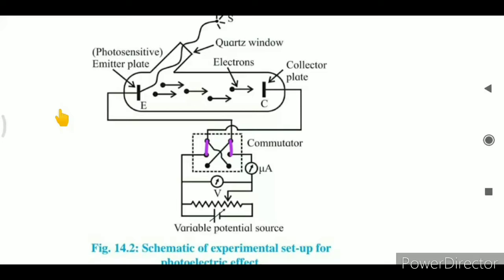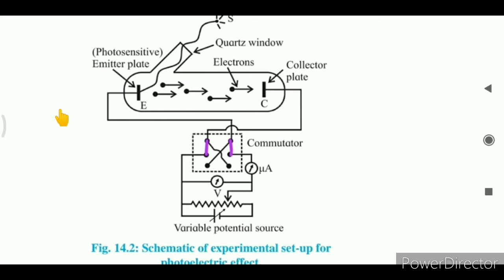The photoelectric current is nothing but the flow of current due to photoelectrons which are emitted from the emitter plate E. So, we will see the variation in the photoelectric current with frequency of incident radiation, with intensity of incident radiation, with potential difference between the plates C and E, and with the nature of the material of the emitter plate E. Now let's make points for all the observations taken from experiments on the photoelectric effect.